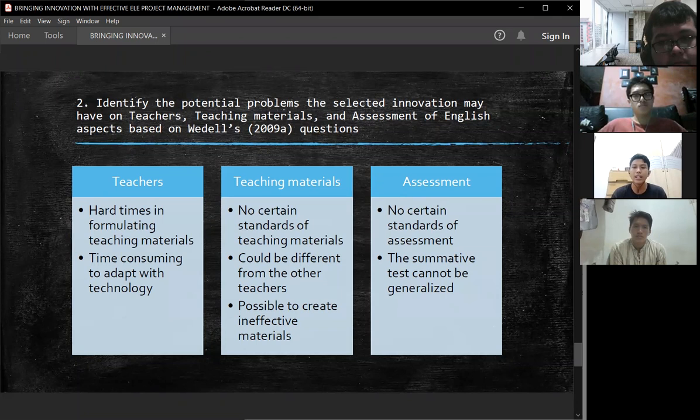In previous curricula, such as Curriculum 2013, 2006, and 2004, for the English summative test, like UTS, the midterm exam, and UAS, the final exam, the questions were formulated and given by MGMP, Musyawarah Guru Mata Pelajaran, at the city and province level.